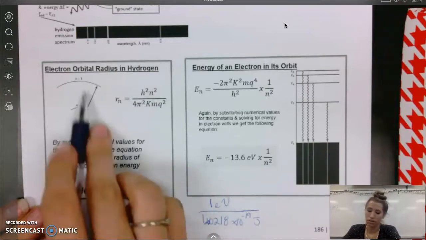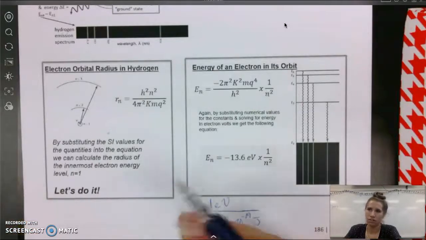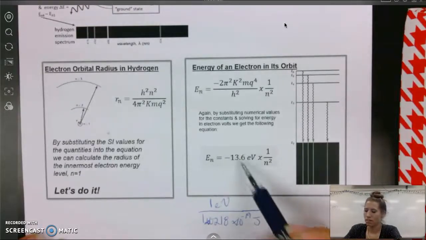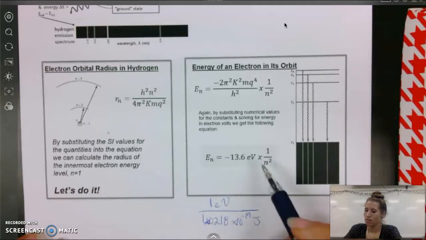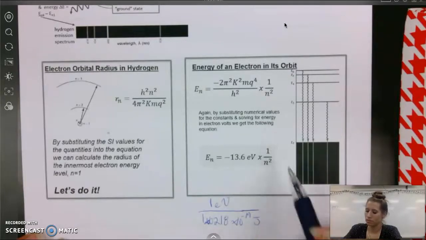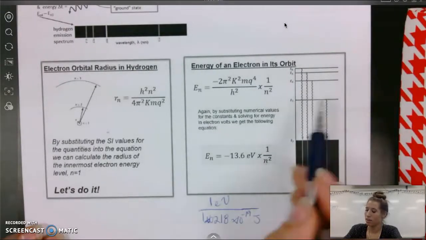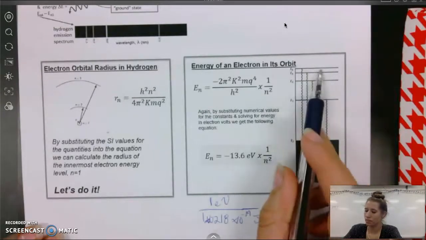So n equals 2, n equals 3, etc. That will equal negative, because our electrons are negatively charged. So we have negative 13.6 electron volts times 1 divided by the energy level number that we're working with.